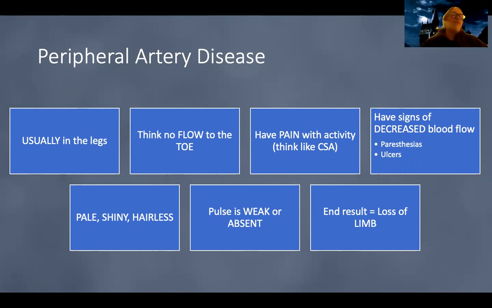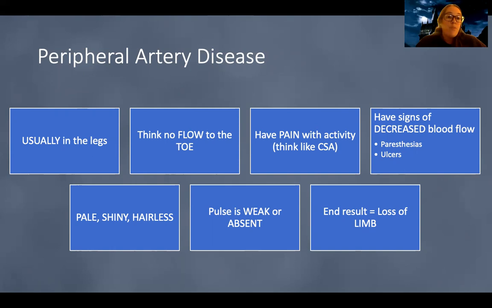The big differentiation for arterial ulcers is that they are usually on the toes or the bottom of the feet, and they generally have a round appearance with a circular border, versus a wavy or irregular border.